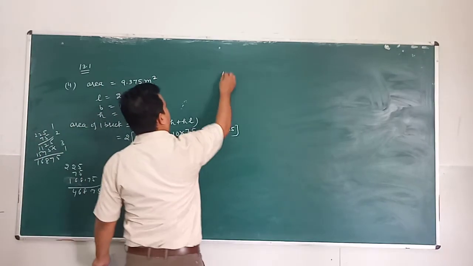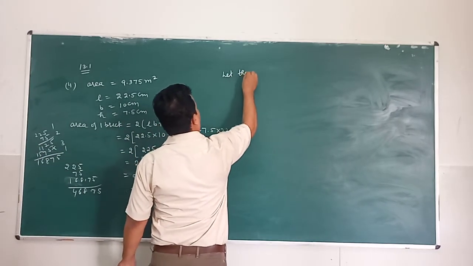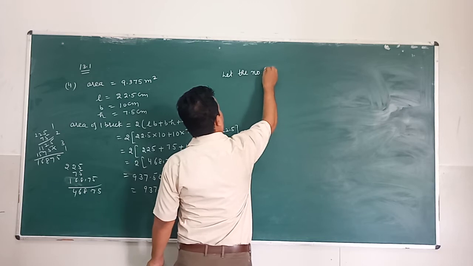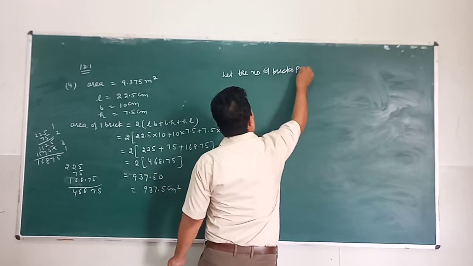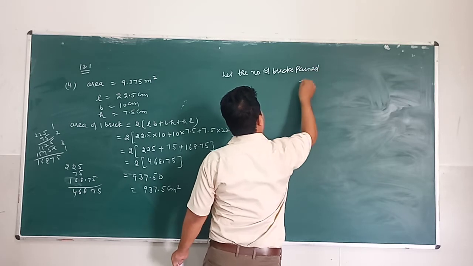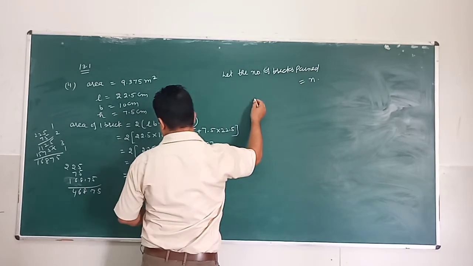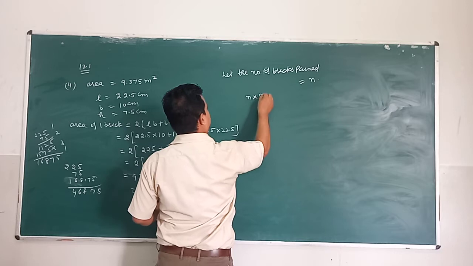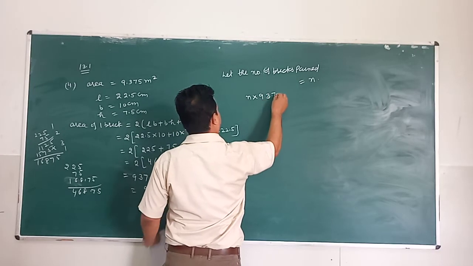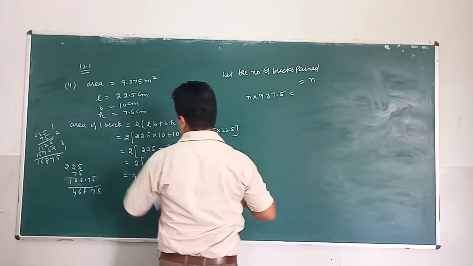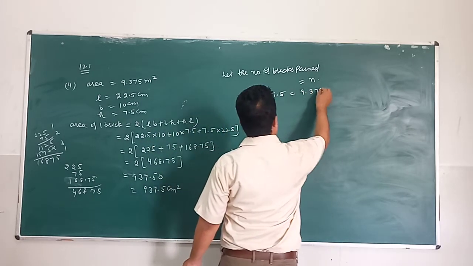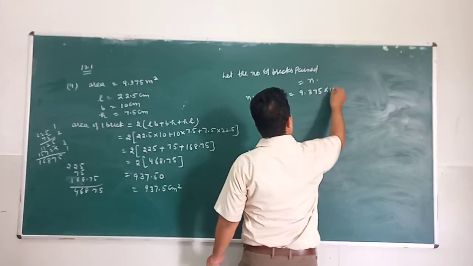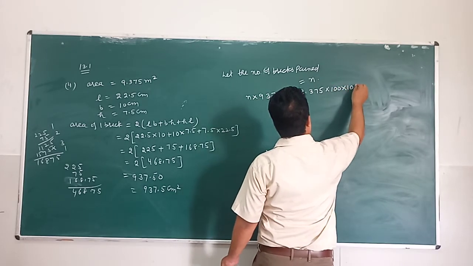So let the number of bricks painted be n, and its total area is the number of bricks into 937.5. The total area is 9.375 meter square. We convert it into centimeter square.